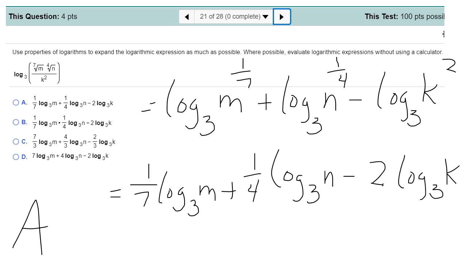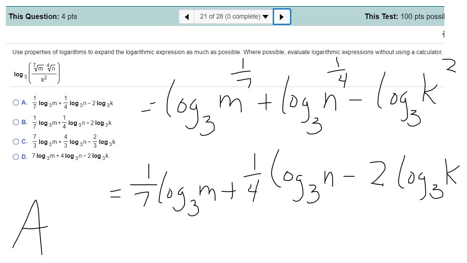Now question 21 is even a bit more involved because of the radical symbols. Each of the radical symbols, remember, can be written as an exponent. So the seventh root of m is really m with an exponent 1 over 7. The fourth root of n is really n with an exponent 1 over 4.